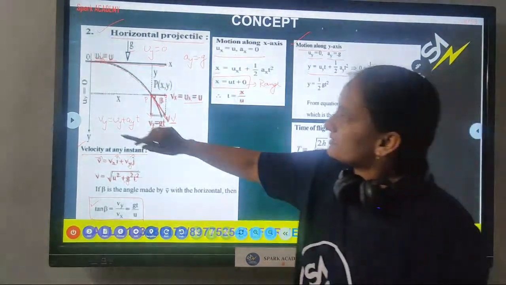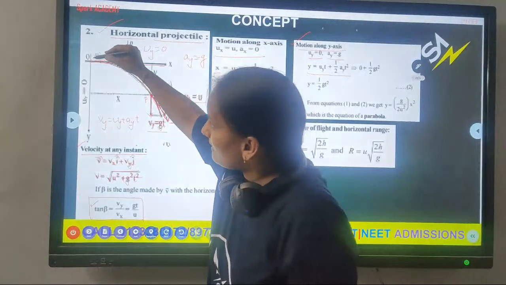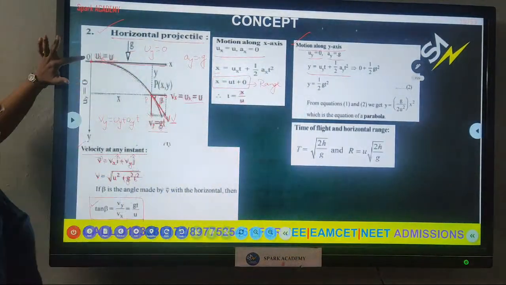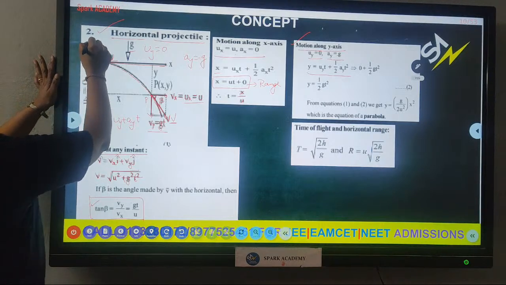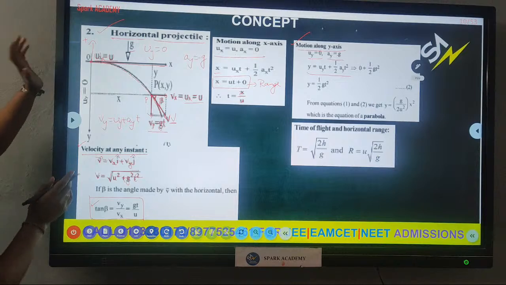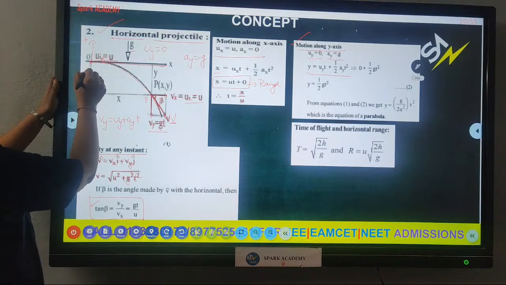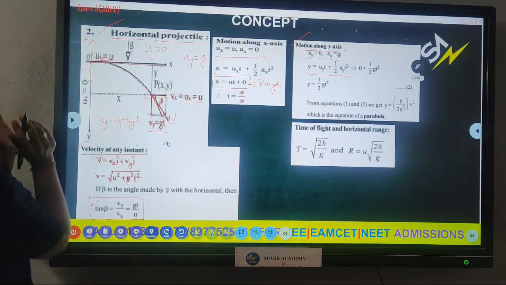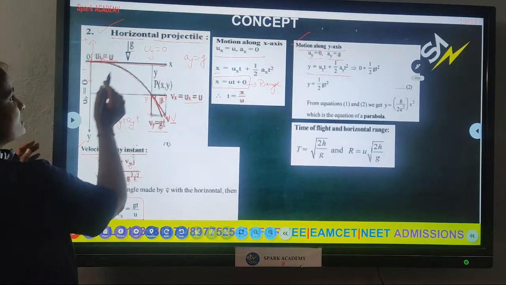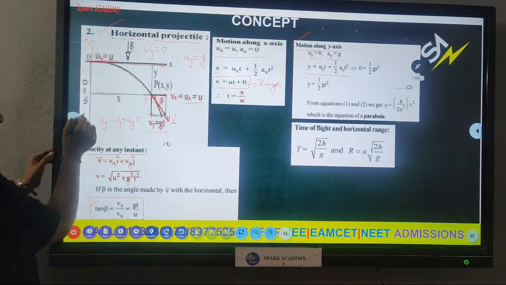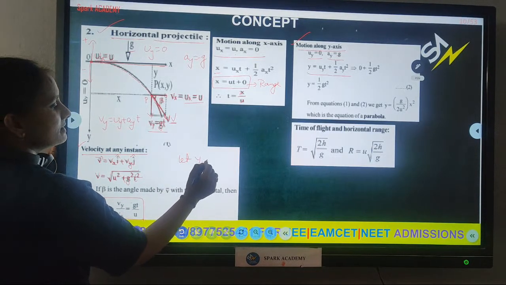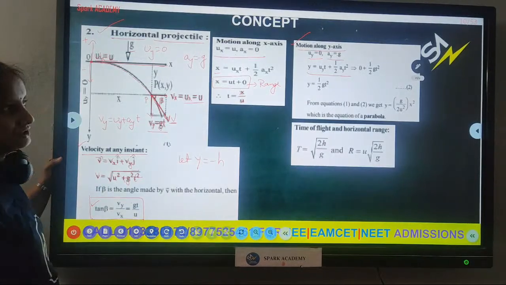Y is nothing but this one. See here, this is the point of projection. From here above, the distances or quantities will be positive. From the origin below, all the quantities are negative. That is why ay is minus g. So this vertical distance is also, let y is equal to minus h.